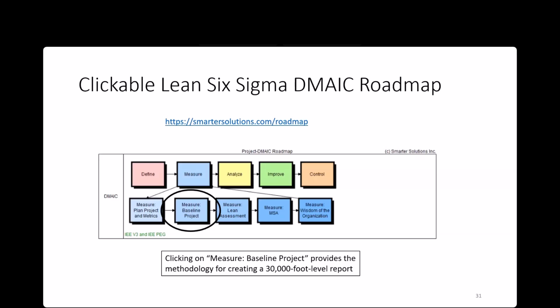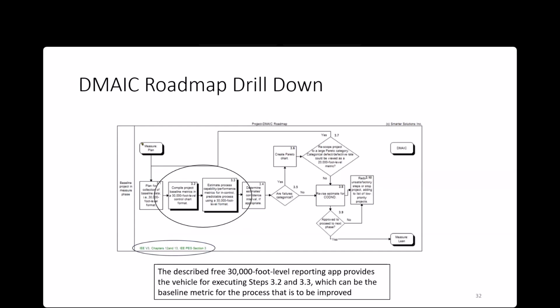Now, one of the drill downs is measure baseline for the project. And basically that measure baseline for the project is what that 30,000 foot level app will provide for you. So it's quite easy. If you click on a drill down of that particular website, the web page, then what you'll see is step 3.2 and 3.3 is basically what that app provides, a free app that you can actually use with no charge.